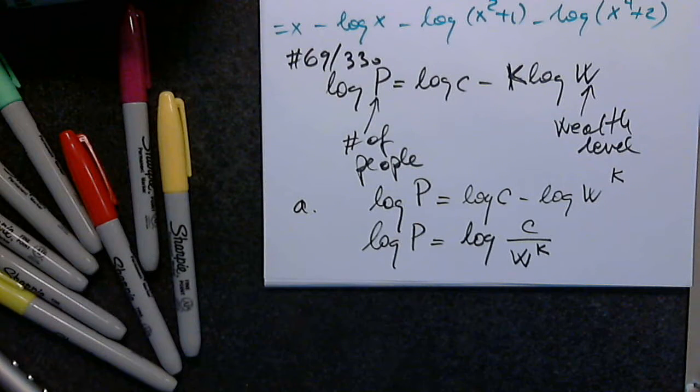Two numbers are equal, right? And they have the same log. What has to happen to these? Can I have here 5 and here 15? No. So two numbers are equal and they have the same log. P equals C over W to K.